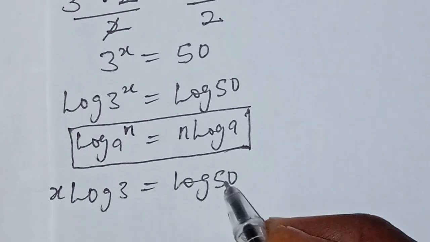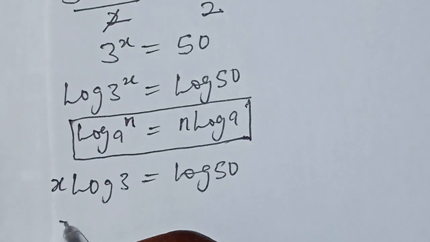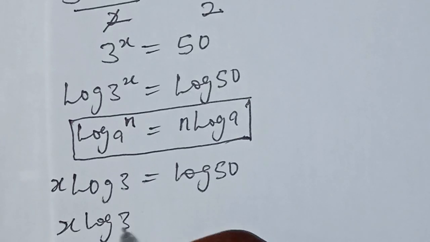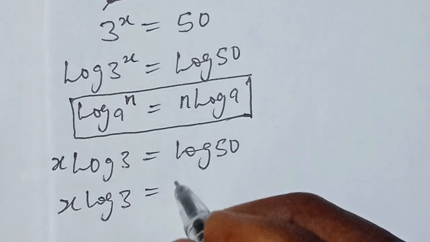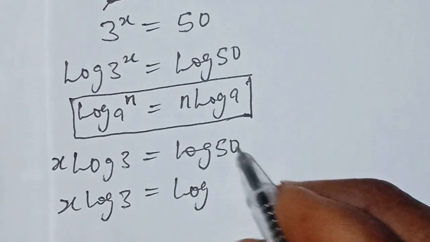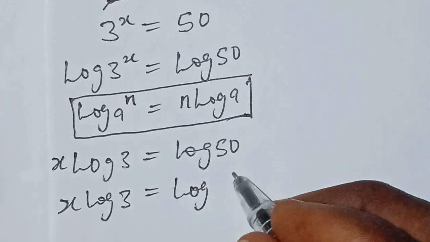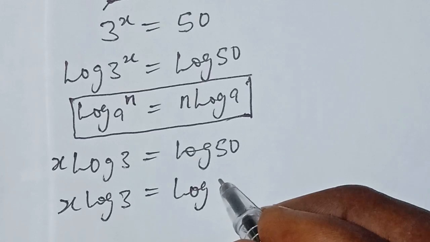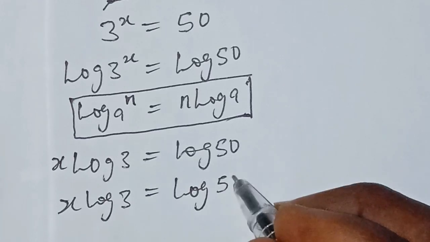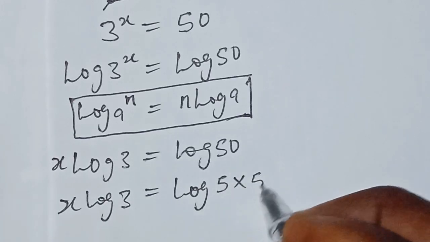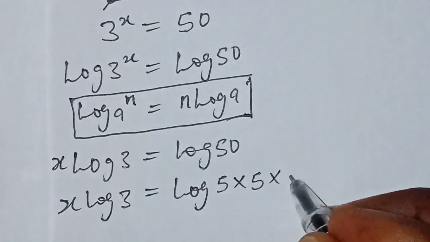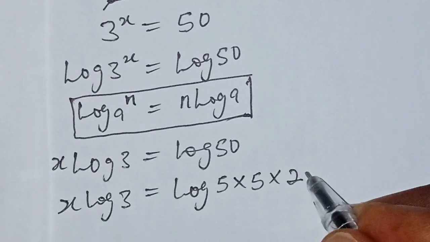So we have x log 3 equal to log, and 50 can be simplified as 5 multiplied by 5, then multiply by 2.